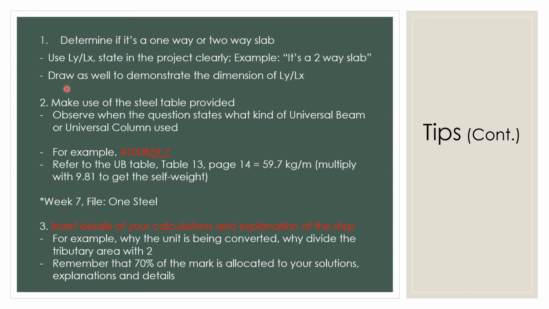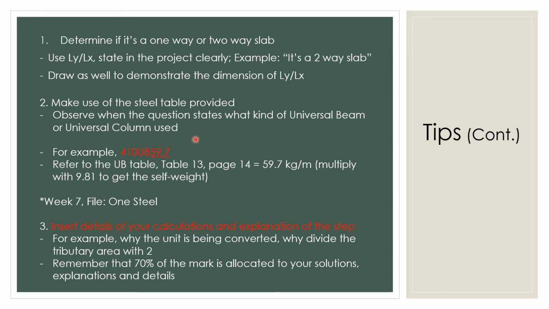I would also like to suggest that you need to draw and as well to demonstrate the dimension of Ly, Lx. So just draw the rectangle thing, label them, don't forget to label them as well. And when you get the answer, state clearly that it's what kind of slab it is, a one-way or a two-way.